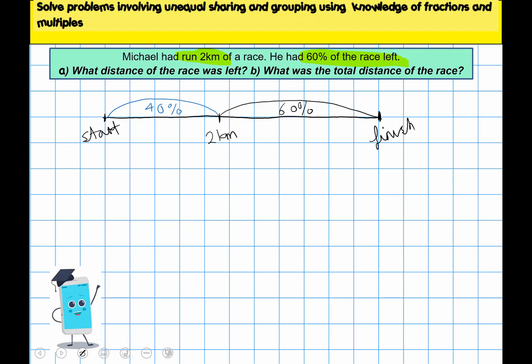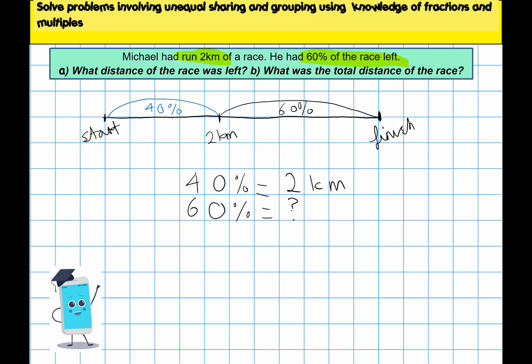Let's write what we know. 40% equals 2 kilometres. We know this because he's got 60% left and he'd already run 2 kilometres. So we know that 40% of the race is 2 kilometres. How can we use this to figure out what 60% is?